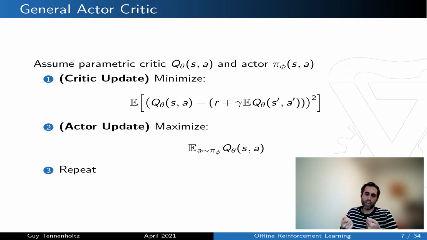So we try to solve this regression problem in the first step, where we try to fit the Q function to its Bellman counterpart, right? So Q equals R plus gamma, the expected value of the next state, which we can write as the expected Q function over the next action.